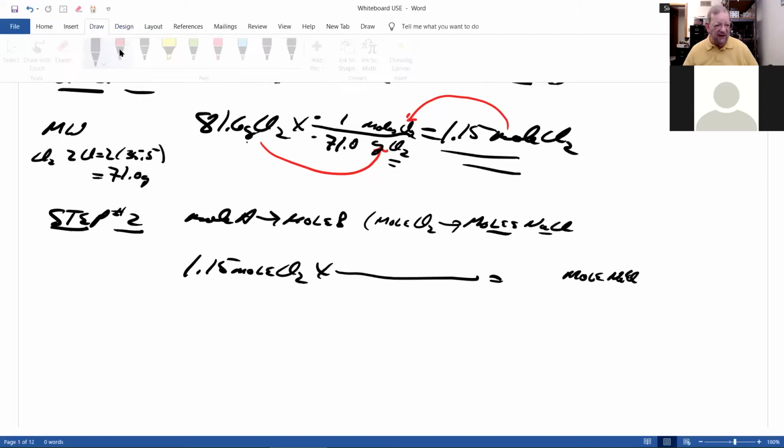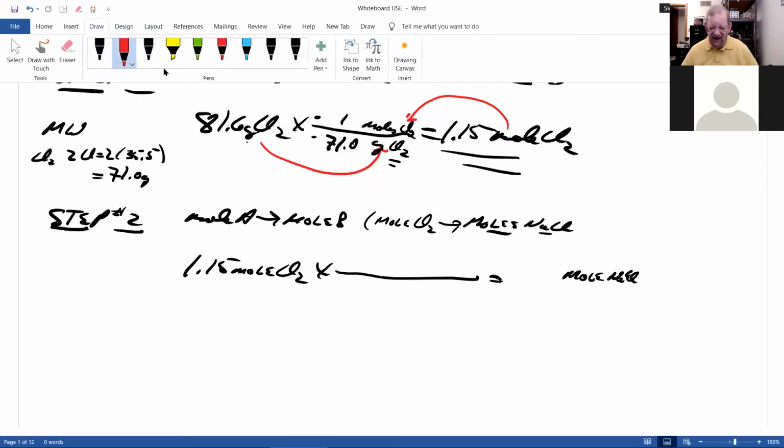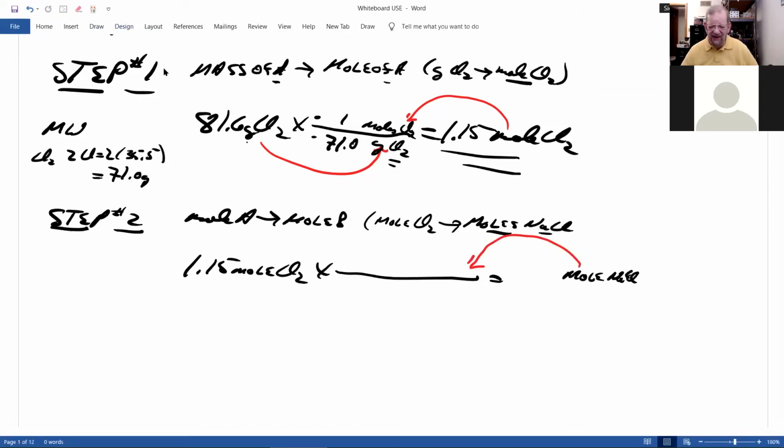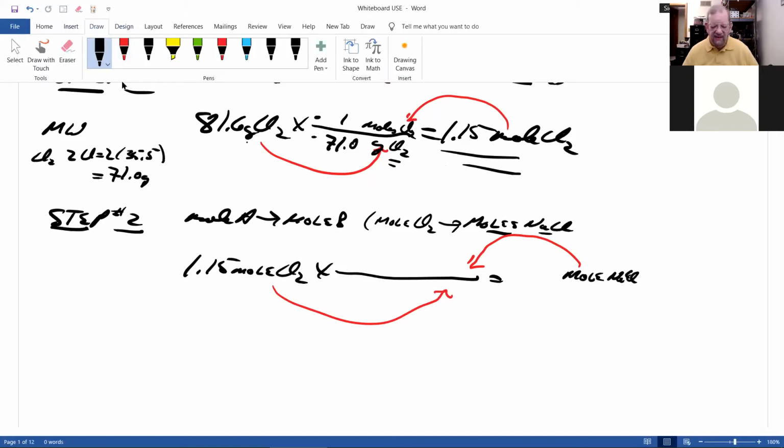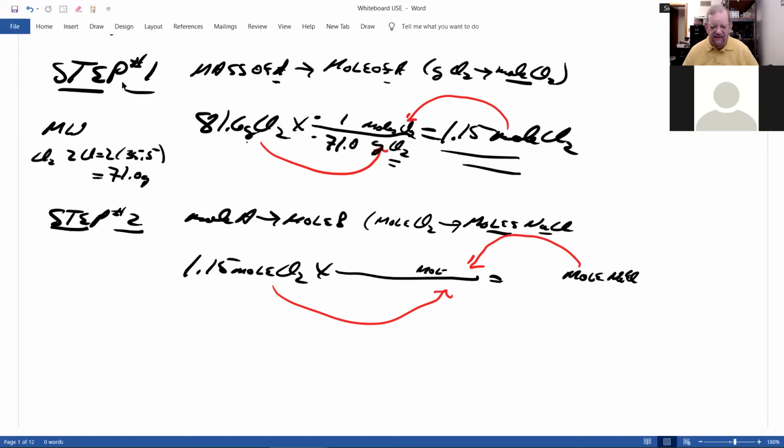And what do we use? We use our good friend, unit analysis. Whatever we're trying to get to goes on top of the ratio. Whatever we're trying to get rid of goes underneath. And I'll write them in. Where do I get a relationship between moles of Cl2 and moles of NaCl, sodium chloride?